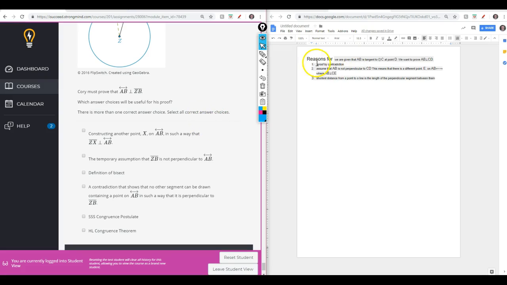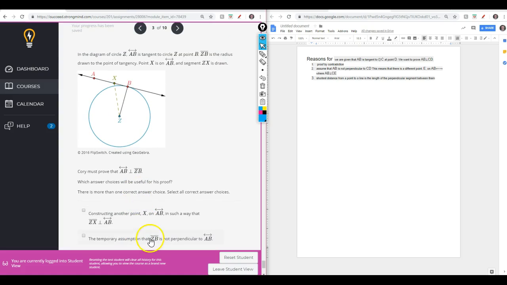We started off with proof by contradiction, so I'm looking for a contradiction that shows a temporary assumption that segment ZB is not perpendicular to segment.